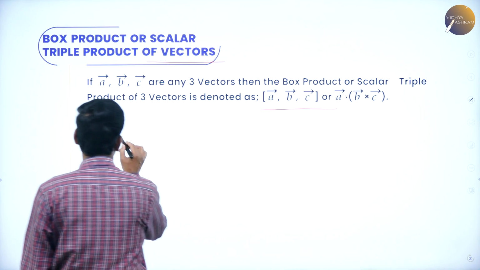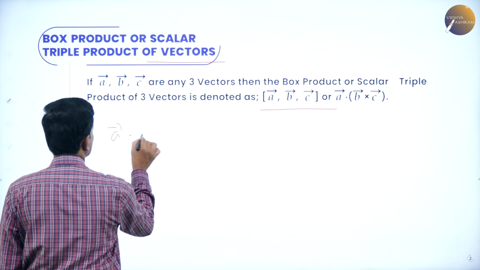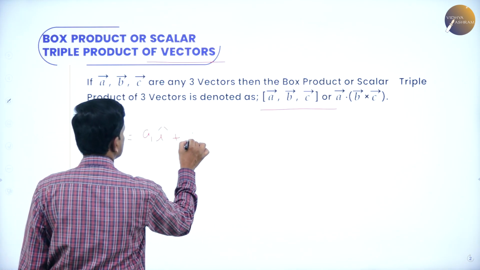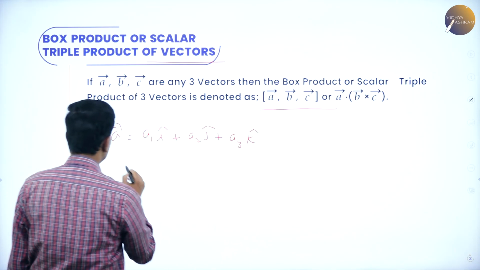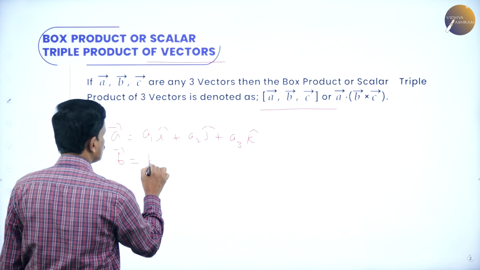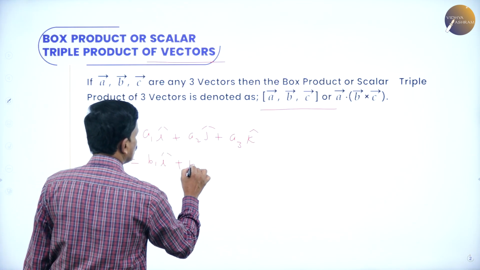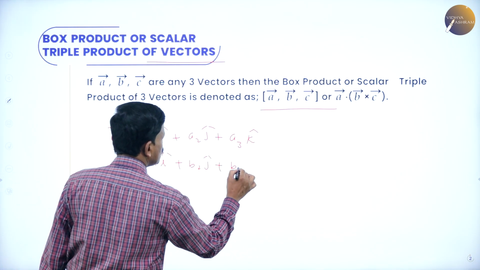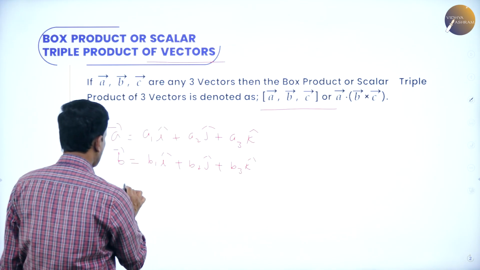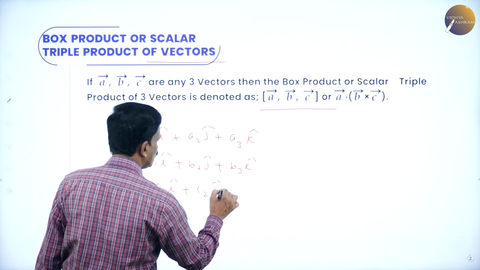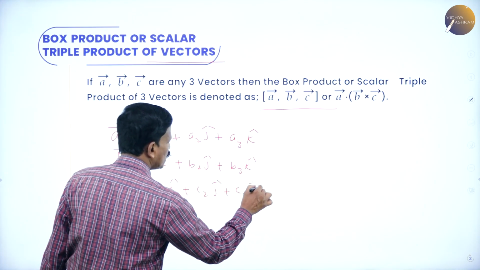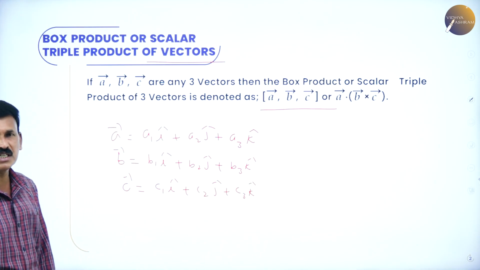Let us consider vector A equal to A1 i plus A2 j plus A3 k, vector B equal to B1 i plus B2 j plus B3 k, and vector C equal to C1 i plus C2 j plus C3 k. So A, B, C are any three vectors.